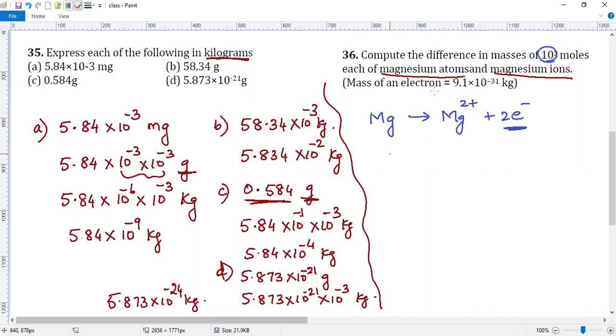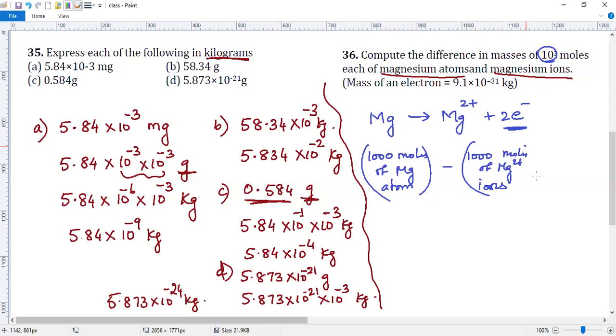Okay. So the mass of 1 electron has been given. Now 10 power 3, that is 1000 moles of magnesium. So 1000 moles of Mg atom, its mass minus 1000 moles of Mg2 plus ions, its mass. If you subtract, it will give you 2 times, because there are 2 electrons in the difference for one atom.